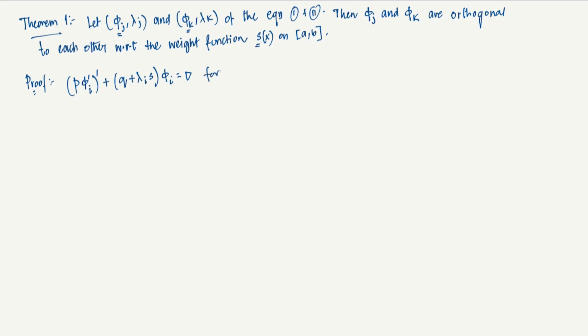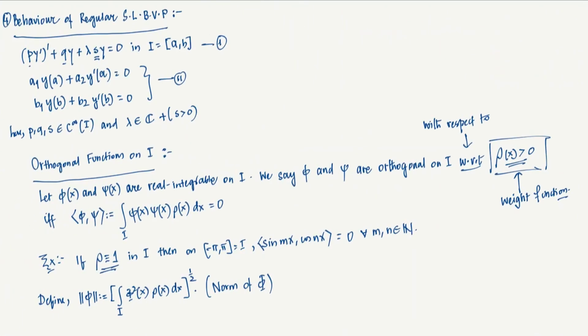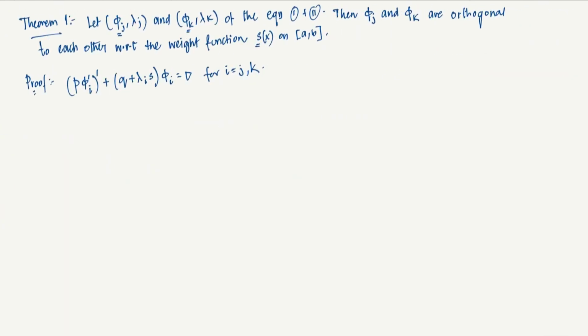This is for I equals j and k. If you put I as j and k, this will be true because the equation is satisfied.